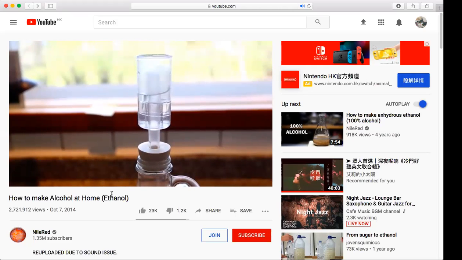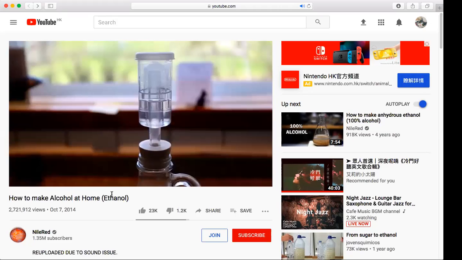Add the appropriate amount of water depending on the airlock design that you chose. The airlock lets CO2 out but doesn't let air in. This maintains an oxygenless environment for the yeast to live in. It is extremely important that the environment is oxygenless, otherwise it won't produce alcohol.